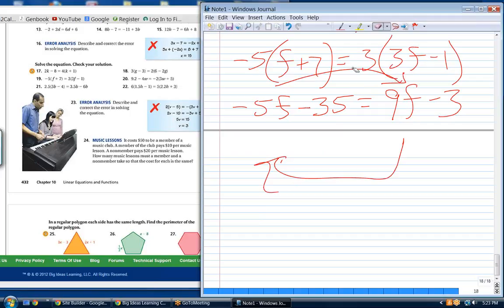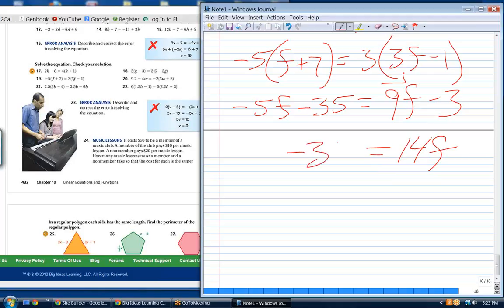So it's 14f. Positive or negative? Positive. If it's positive, it's got to be on the right side of the equation. It's the only way it's going to be positive. So you would read the right side of the equation first. In other words, I don't have any problem with doing that. And then you add 3, so the next line would be minus 32 equals 14f. And that's fine.